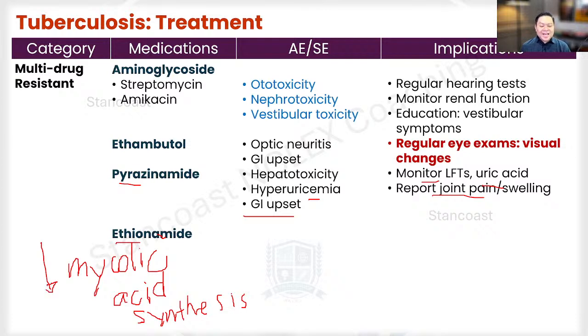So definitely the end effect of this drug is to weaken the mycobacterial cell wall. Okay, so the drug itself can do both effects.